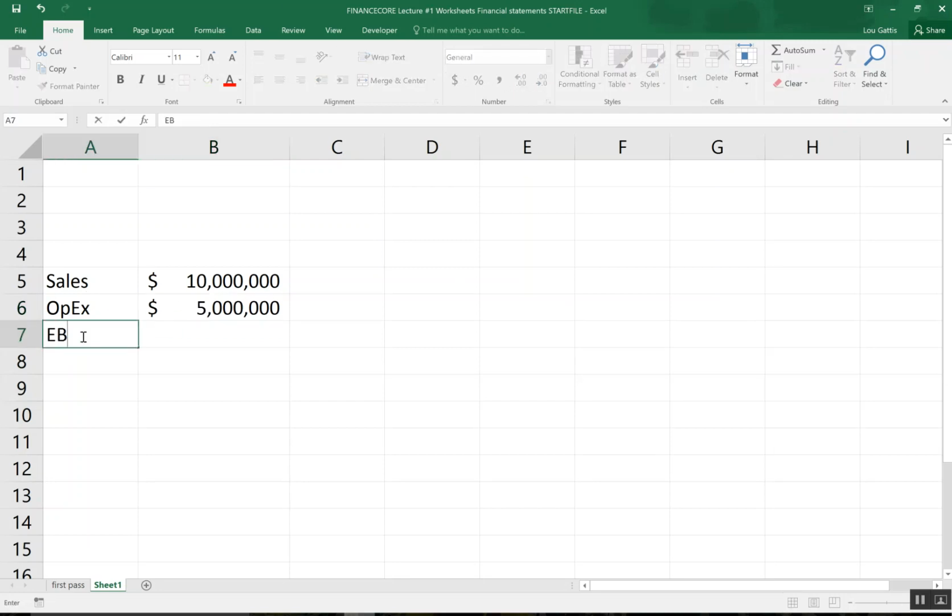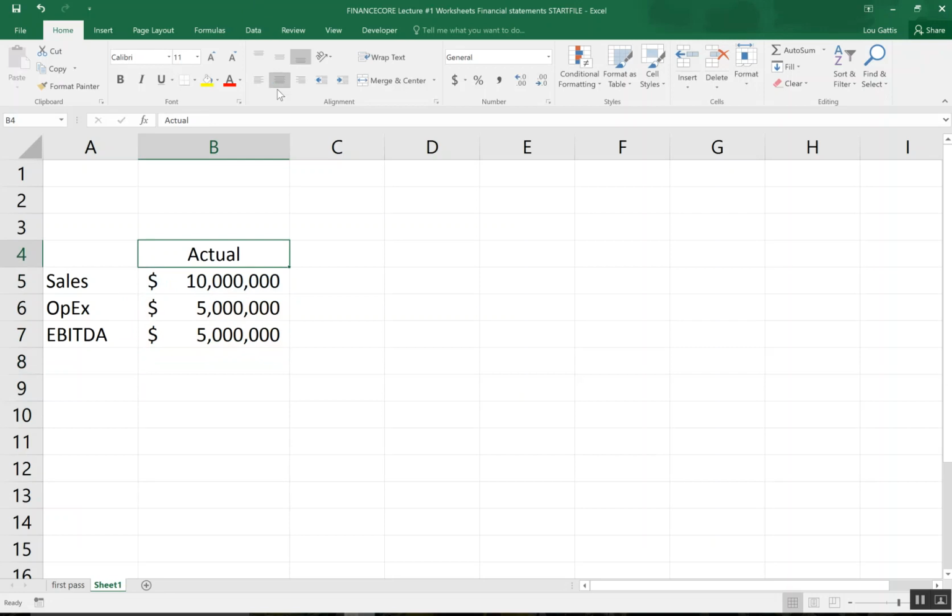Which gave me EBITDA of B5 minus B6. And you can always start off a formula with either a plus or an equal sign if you're just starting with B5 and subtracting B6. So these are my actual results from last year.